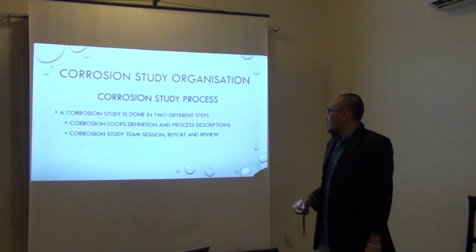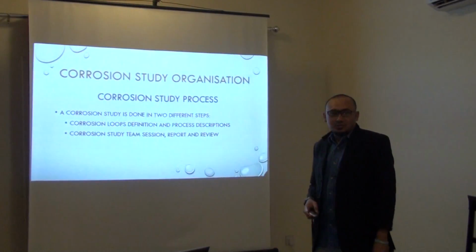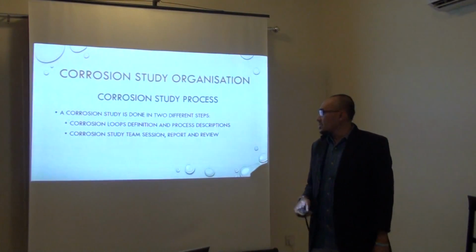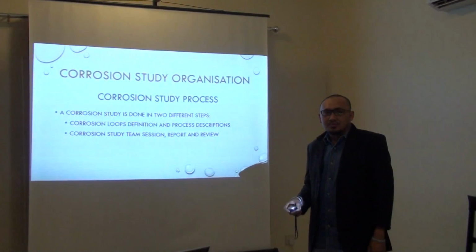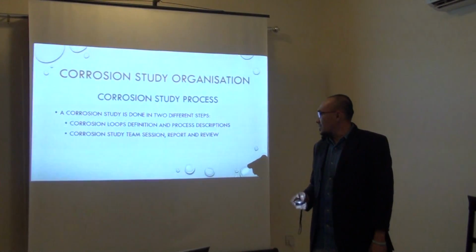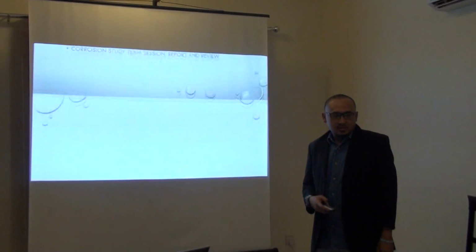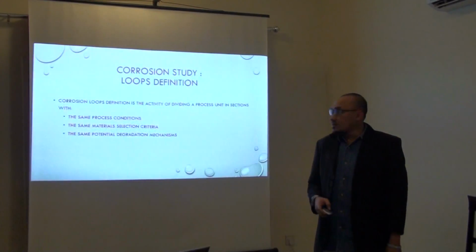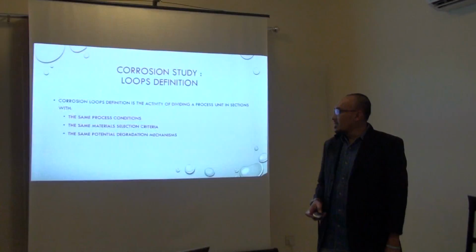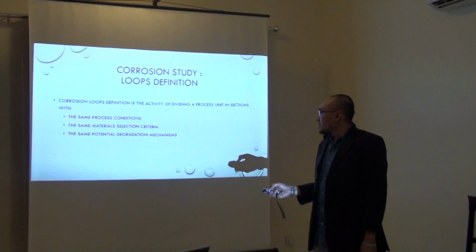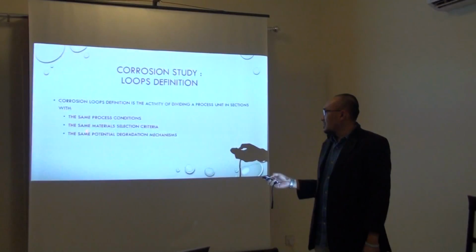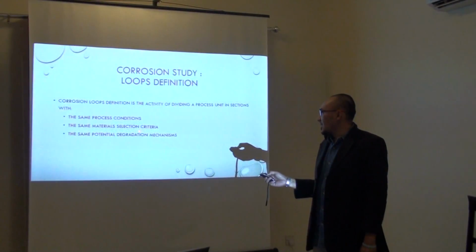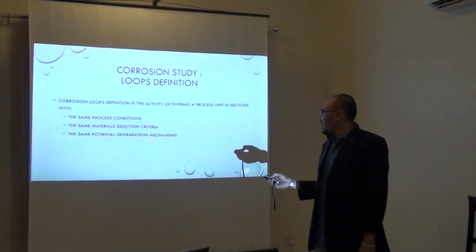The corrosion study process has two parts. There is the process of definition, and then the second is how to form one team to define the corrosion study. In loop definition, we have the same process condition, the same material cross-section criteria, and the same potential degradation mechanism.